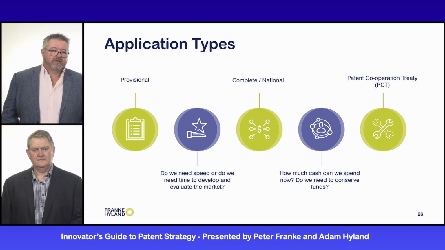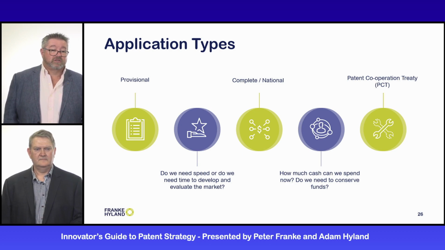And the PCT application, PCT stands for the Patent Cooperation Treaty, is something we also might file following the provisional application. What that does is give us another 18 months before we have to file the national applications. Why that's important is that each national application will cost several $1,000s to file. And at that point of 12 months after your provisional application, you may not be ready to spend all that money. You may not be completely certain of where you want to file your application.